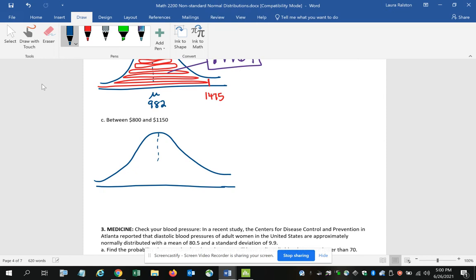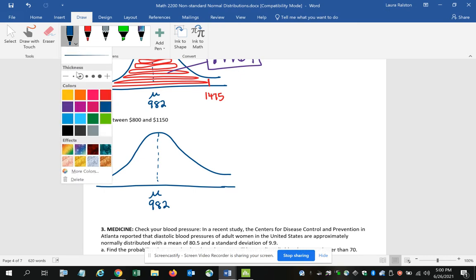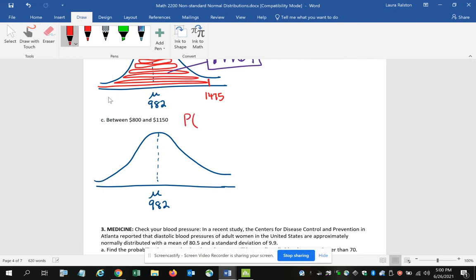My mean is in the middle, which is 982. In symbols, we're looking for the probability that 800 is less than the mortgage, which is less than 1150.